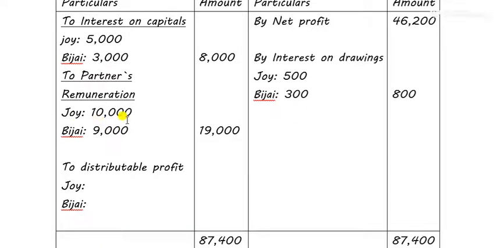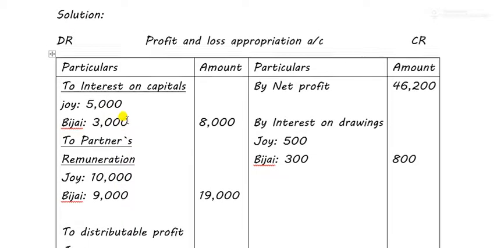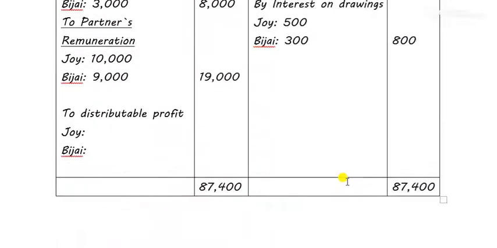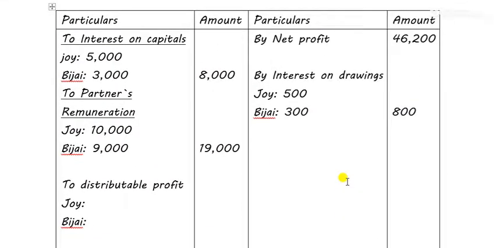Next, Bijoy is to get 2.5% on sales. Sales was 3,60,000. So 3,60,000 into 2.5% is equal to 9,000. Add both of them in the outer column.